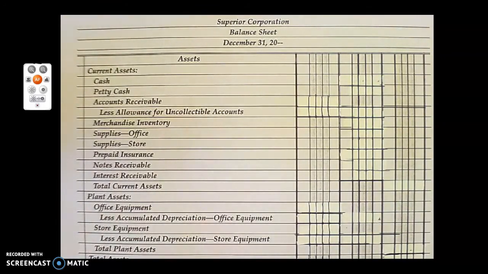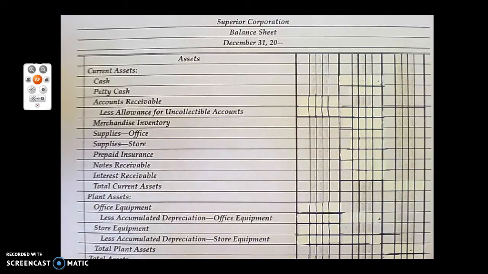Now the instructions for this is on page 493. It says use Superior Corporation's trial balance. Now when they say trial balance, they mean your adjusted trial balance. And we're going to use the statement of stockholders' equity from the working papers from 16-2. I'll guide you through the following example. And it just says prepare a balance sheet for the current year.